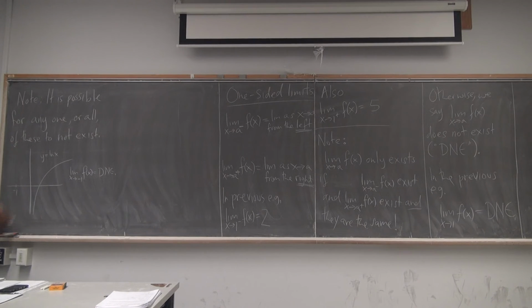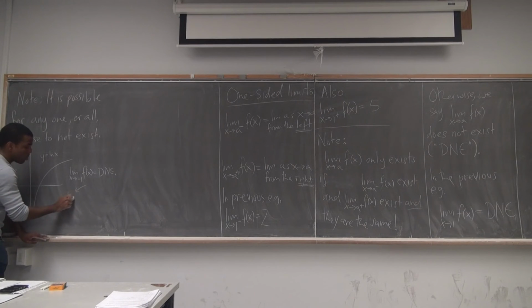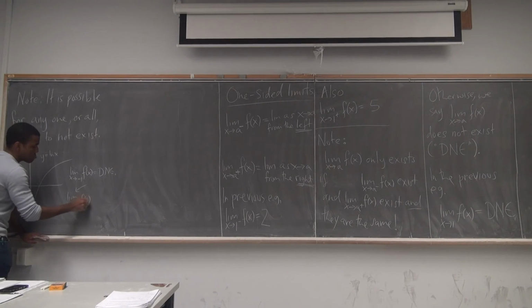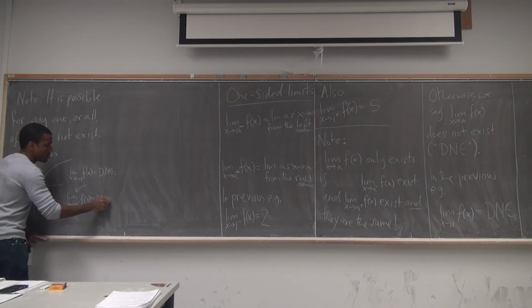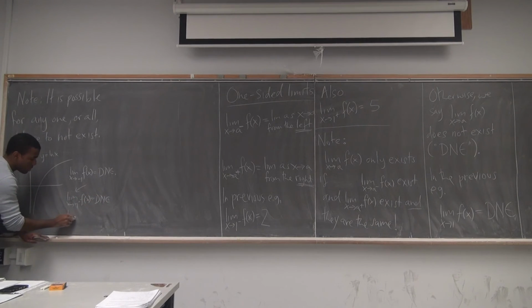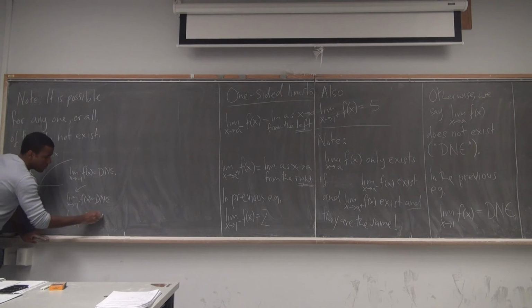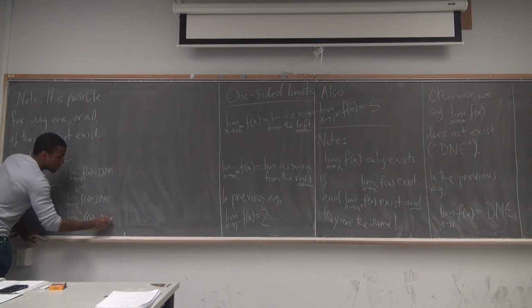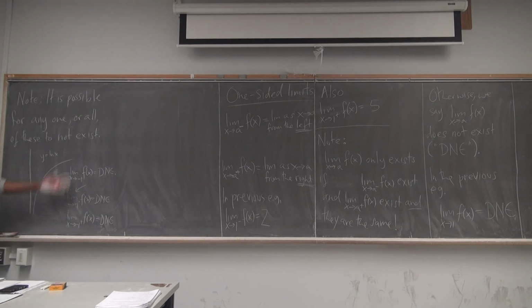I can't track something that's not there. And of course, it will work for both sides as well. As I approach minus 1 from the left, it does not exist. If I approach minus 1 from the right, it does not exist. So it could be a case where none of them exist, because it just doesn't make sense to track the y values at that point.